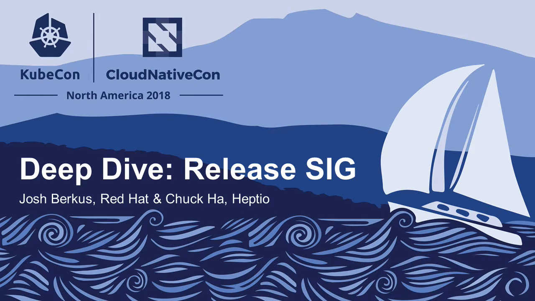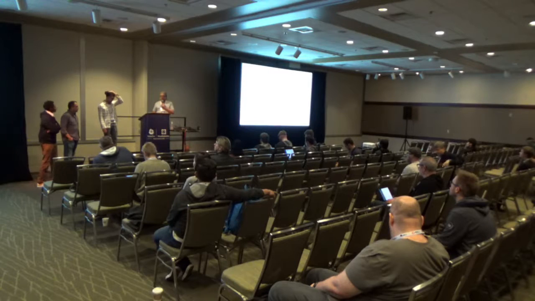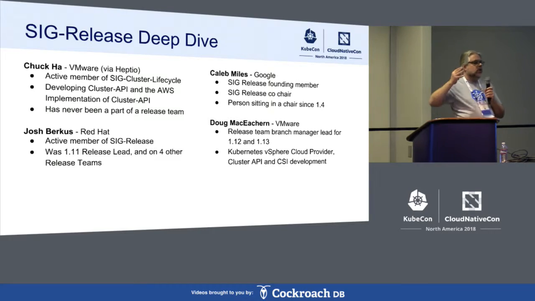I am Josh Berkus, cyclical release team member, former release lead. We have here our panel of people who all work with the build and release tools, which is what this deep dive is going to be about, including Chuck, who's going to talk about all of the tools.